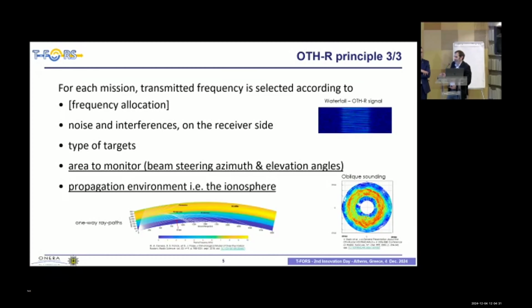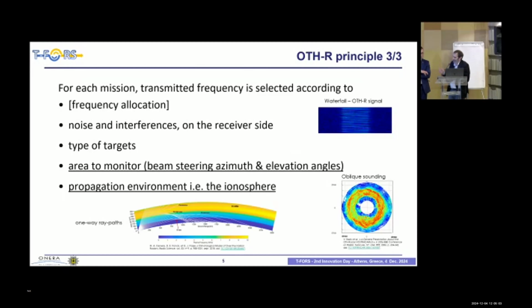In that domain of frequency, the wavelength makes the signature of the target very dependent on the length of the targets. So depending on what you are looking for, you could also consider the wavelength in your mission preparation, to select the best frequency for the detection of specific targets.